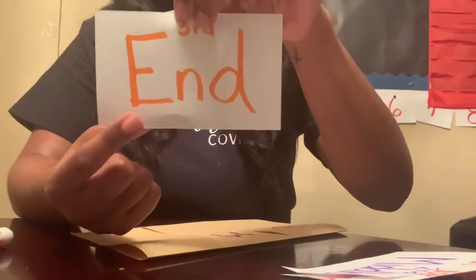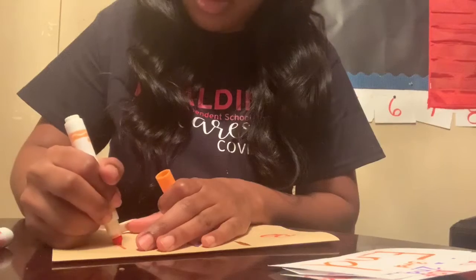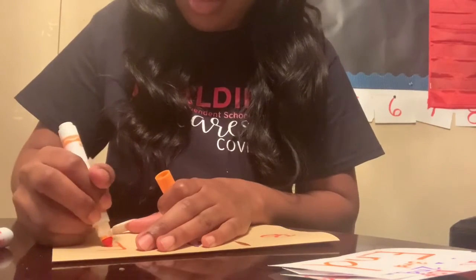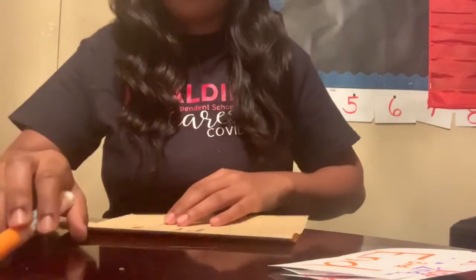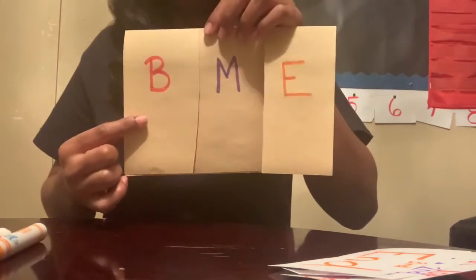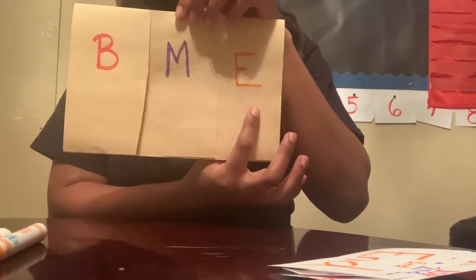Now I'm going to write E for end. End. Okay, because end begins with the letter E. All right. So on my front, I have B for beginning, M for middle, and E for end.